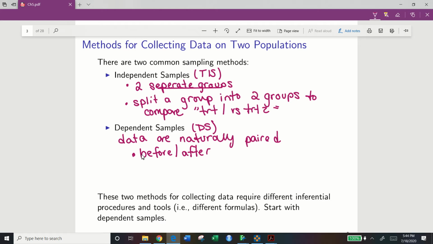If you think of any sports or skills that you've had to learn, you often hear the ideas of a pre-test and a post-test. That's what we're talking about when we say before or after studies are paired. You're not going to take a pre-assessment from one student and compare it to another student's post-assessment. You're going to care about the same student and compare that same student's pre and post-assessment. We also see this, although it is much harder to do, in identical twin studies.